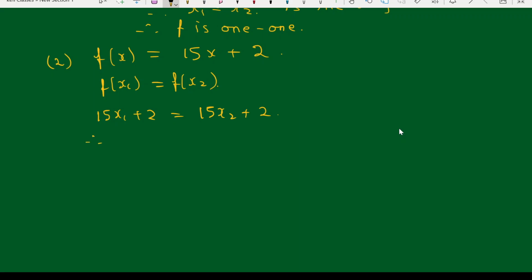So therefore this 2 and 2 cancels. 15x1 is equal to 15x2, and therefore x1 is equal to x2. This implies f is 1-1.